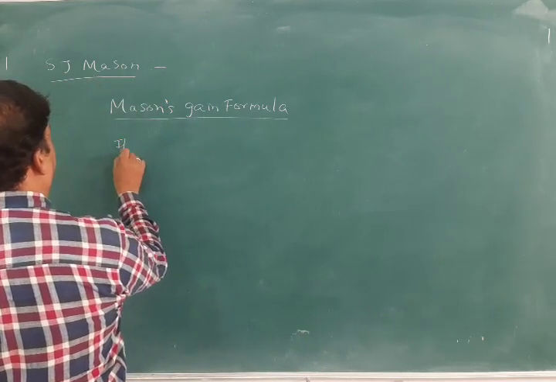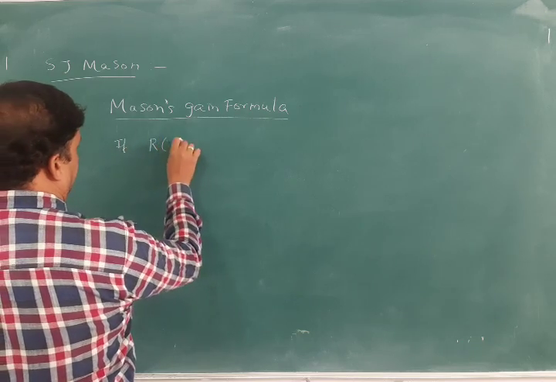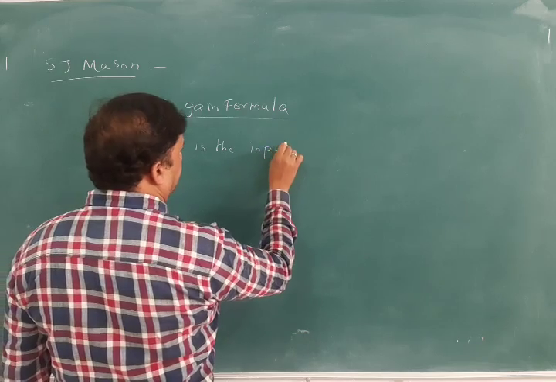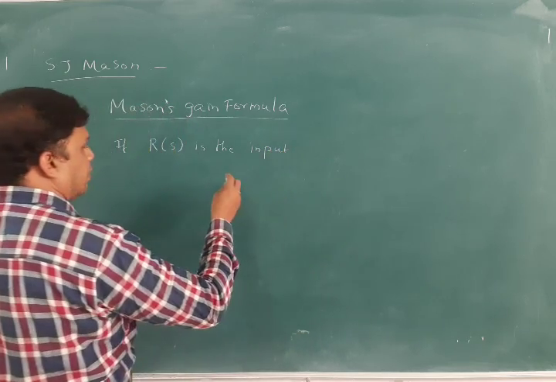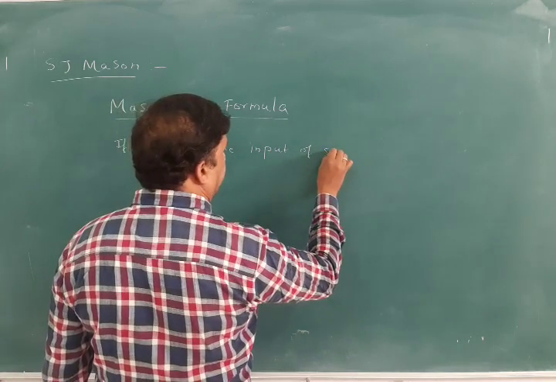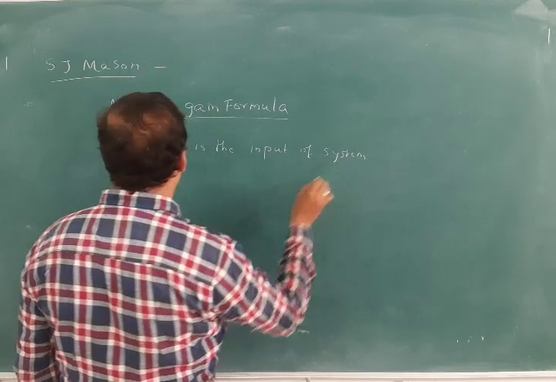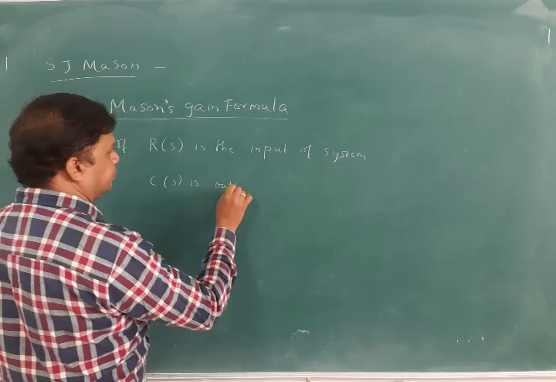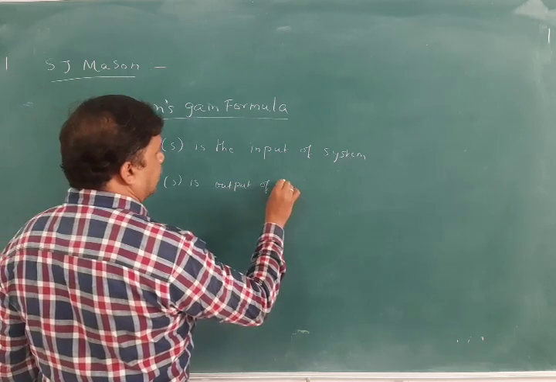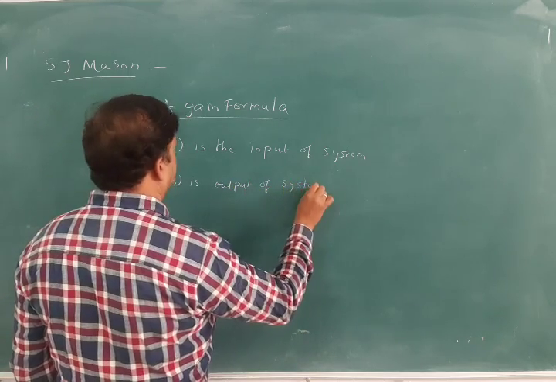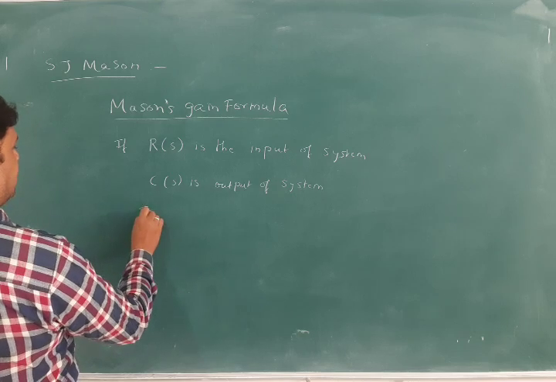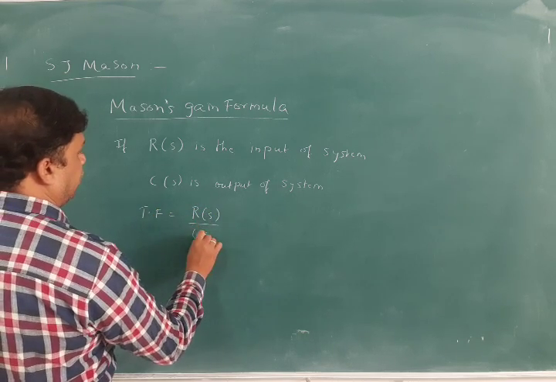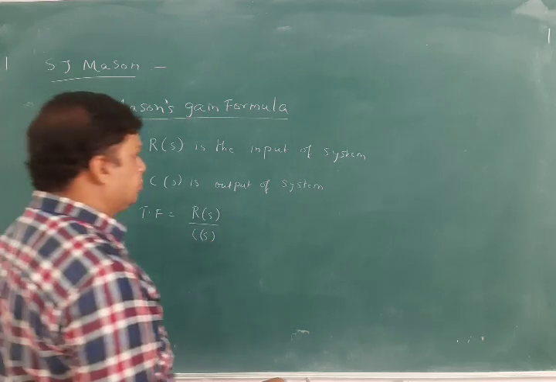If R(s) is the input of the control system, and if C(s) is the output of the system, then we can write the transfer function as C(s)/R(s), where the initial conditions are 0.